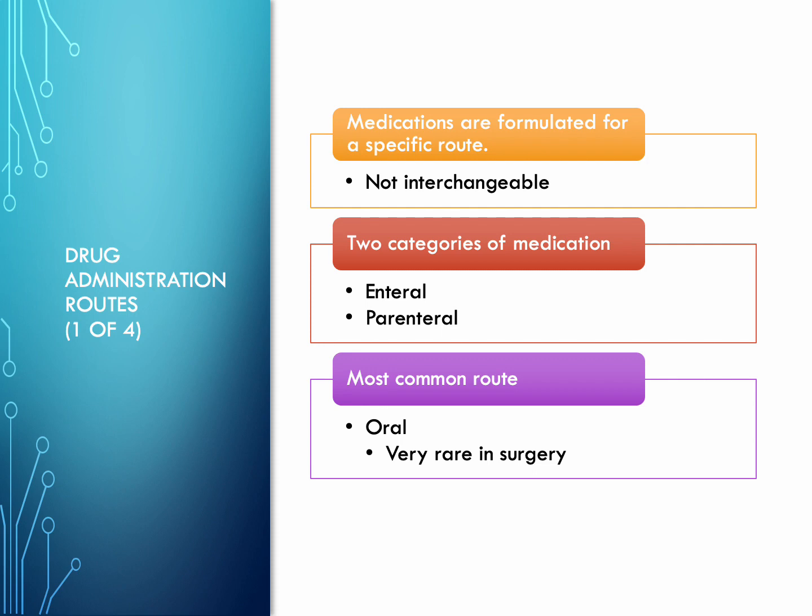Now, oral is going to be the most common way to administer medications, but again, it's very rare in the surgical setting for the reasons we have already discussed. So you may see the oral route written as capital P, capital O, PO. So this is an abbreviation for the Latin term per os, which means by mouth. All right, so if something is PO, that means you take it by your mouth.